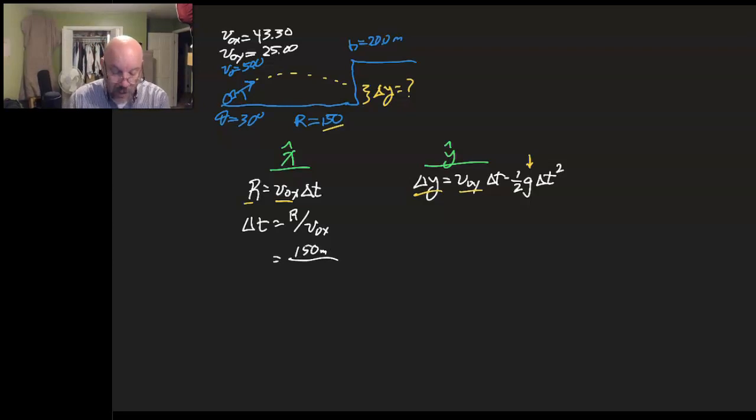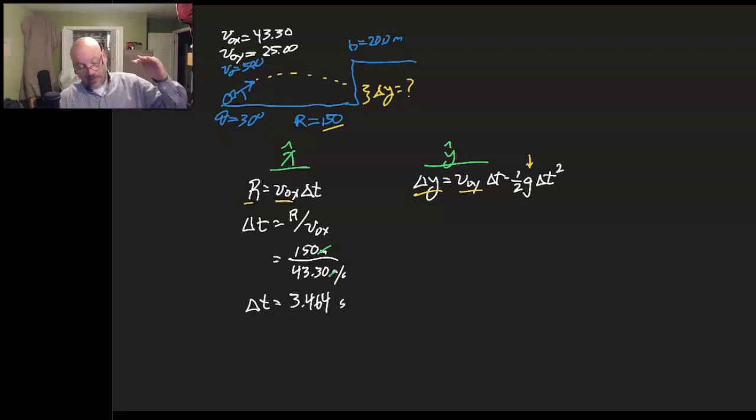Just 150 over my v naught x, which was 43.30 meters per second. And once we do that, we're going to get 3.464 seconds. I did forget to look at my units. That cancels with that. I've got seconds in the denominator, so that brings it up to make it seconds overall.